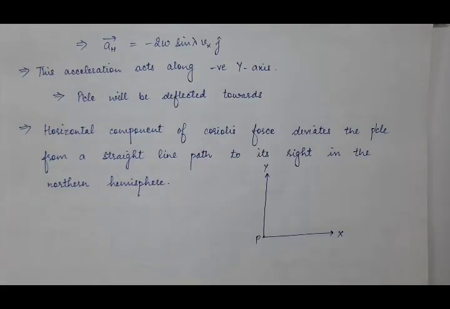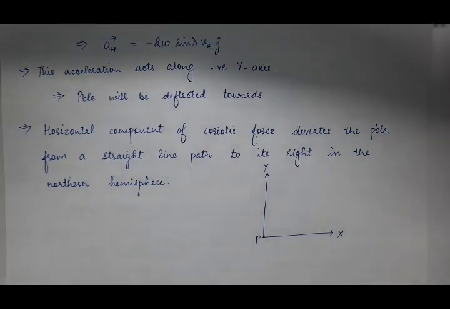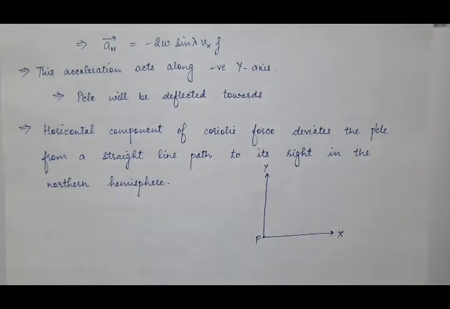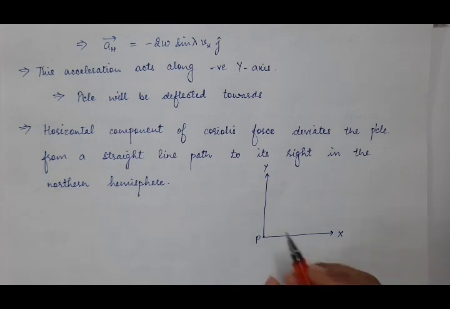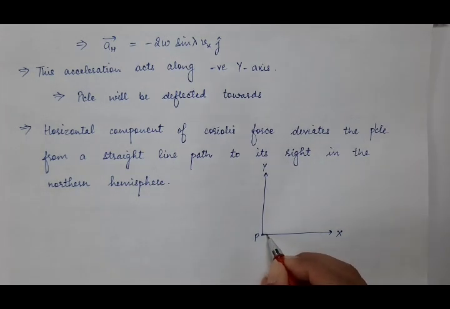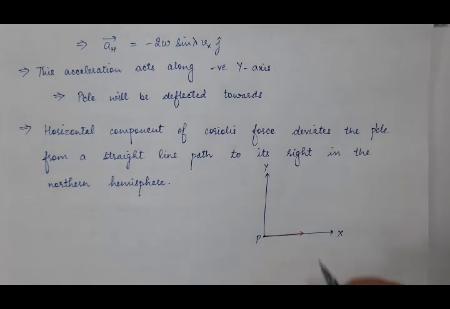Here you can see that if the particle is moving along the x-axis and there is no Coriolis force, there will be no deviation of the particle from its regular path. It will continue to move along the x-axis.